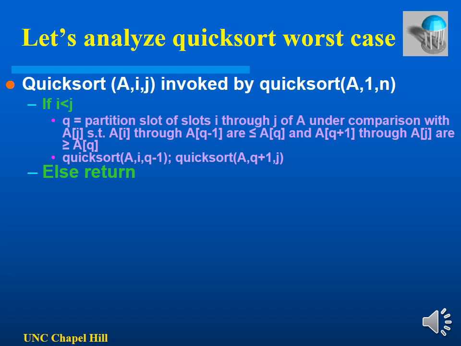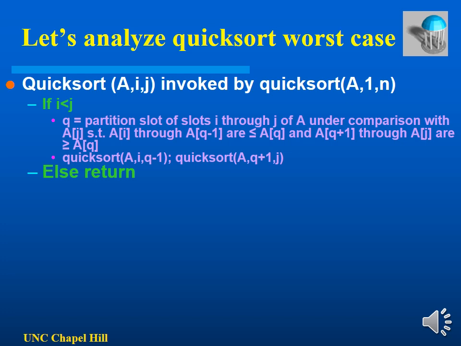Okay, so if i is equal to j, we have a one-element file. It's already sorted. There's nothing to do. We return. But if i is less than j, we have a file of 2 or more elements, and we will pick the one with the last index, the jth, as a partitioning element. And we then need to compare all the other elements, that is to say the ith through the j minus 1th, to it.